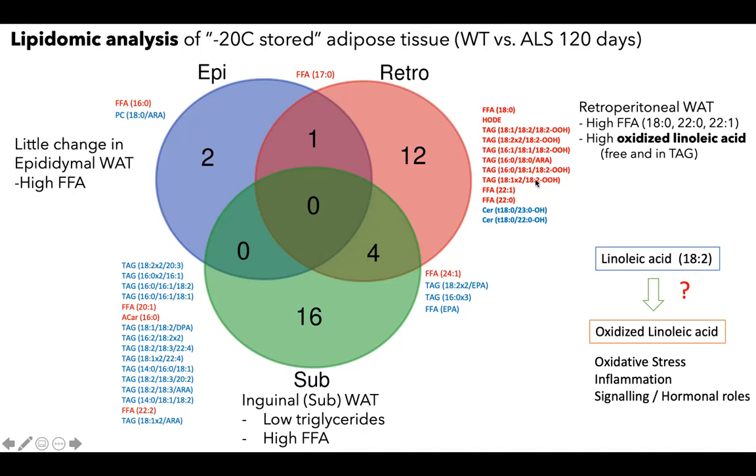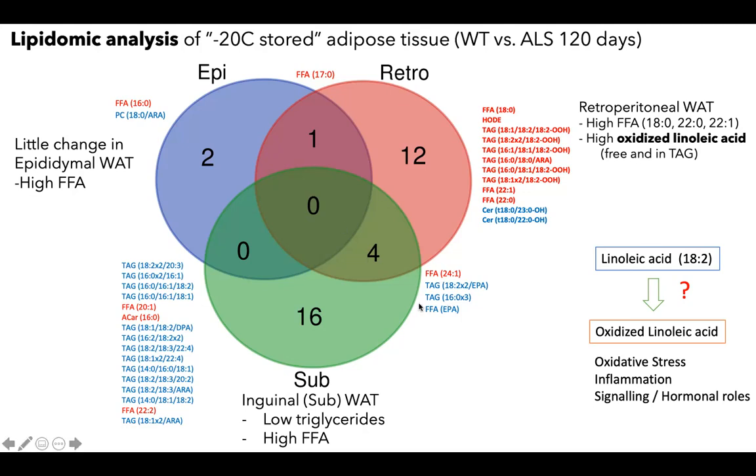This result in the retroperitoneal fat was quite surprising for us because it's not so usual to see oxidized fat in vivo, I mean, in these tissues. We don't know if these oxidized fats were formed due to this storage period, or if this tissue has less antioxidant defense compared to other tissues, so they are more easily oxidized. We don't really know the source of this oxidation.